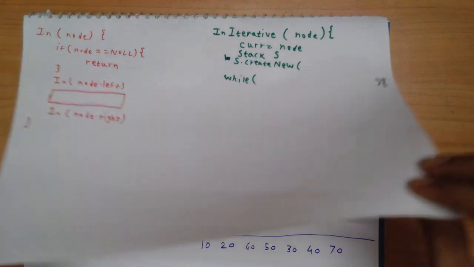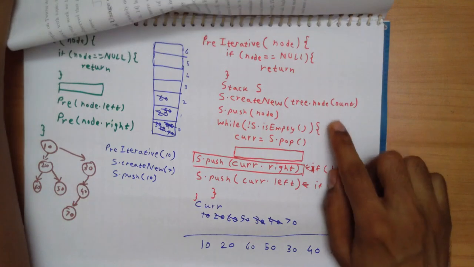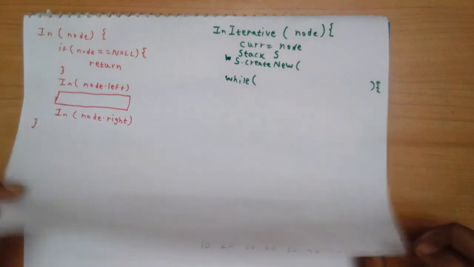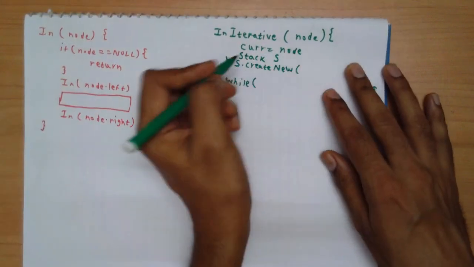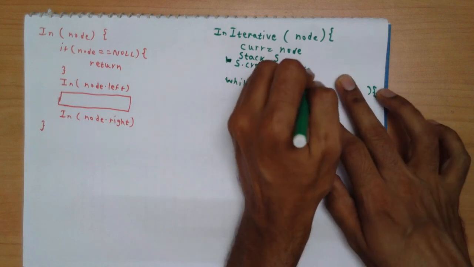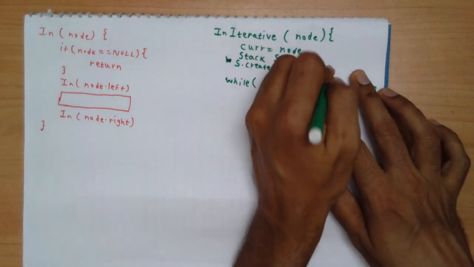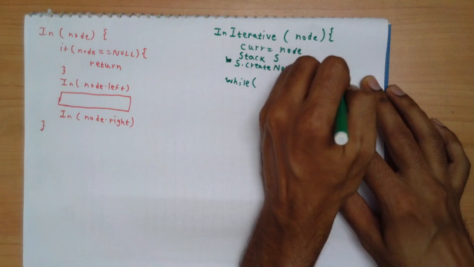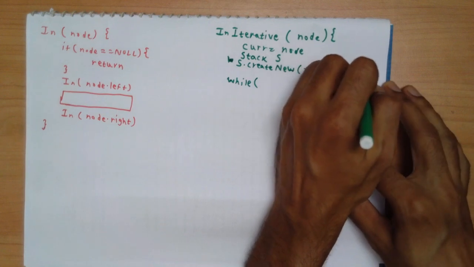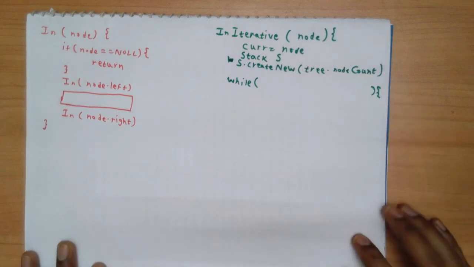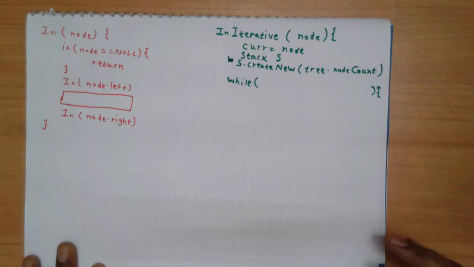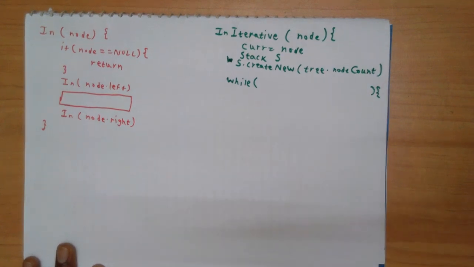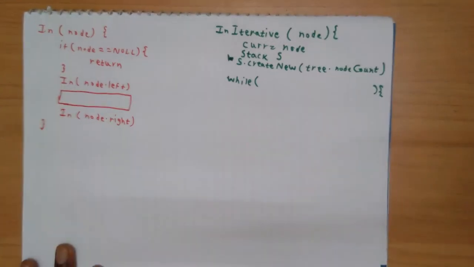In the previous method we talked about knowing the node count of the tree. So I'll do the same thing. I'll say create new, tree dot node count. At the most I will have these many elements in my stack, because at the most these many nodes I will have to remember.